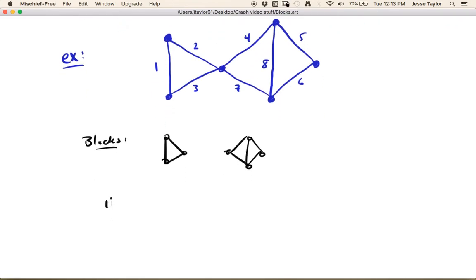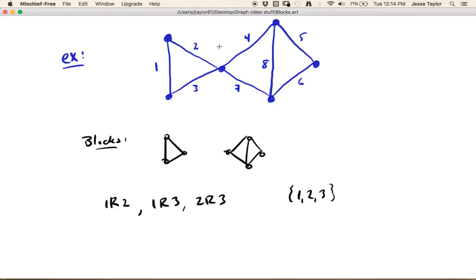then, for example, 1 is related to 2, because 1, 2, and 3 are on this common cycle. Similarly, 1 is related to 3, 2 is related to 3. And because it's symmetric, that means 2 is also related to 1, 3 is also related to 1, 3 is also related to 2. So 1, 2, 3 is going to be an equivalence class, because you can see that if you take 4, for example, there's not going to be any cycle that has both 2 and 4 in common.